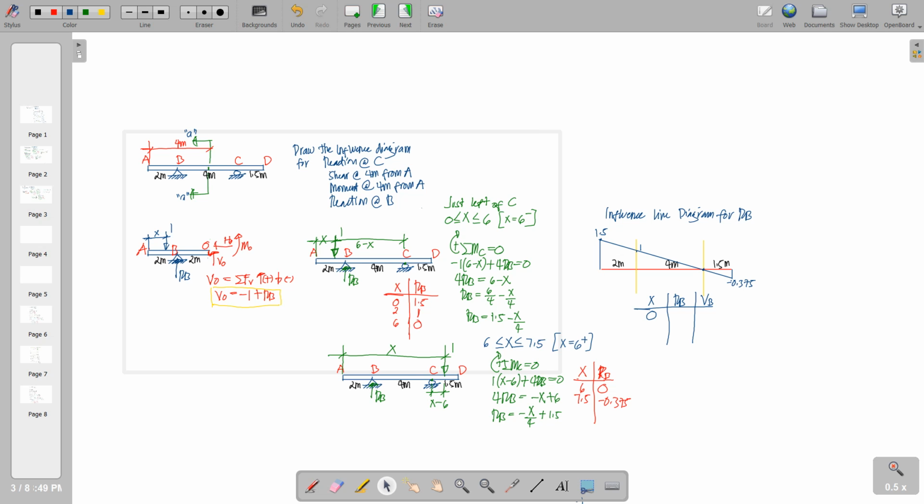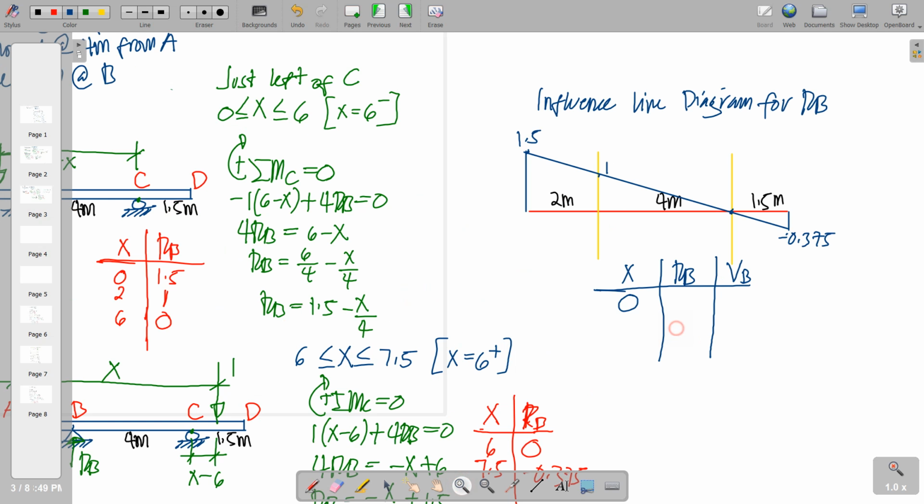Before placing that one, let us tabulate RB first. 1.5, and then 2, this is 1, when x is 6, this is 0, or 6 plus is also 0.